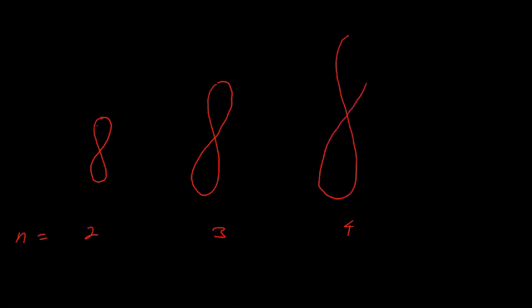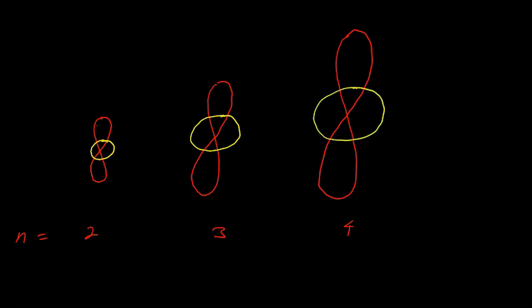Then in the third shell, it will be of larger size. In the fourth shell, it will be even larger because it corresponds to the shell number. But the s orbital in the second will be of this size, in the third of this size, in the fourth of this size.